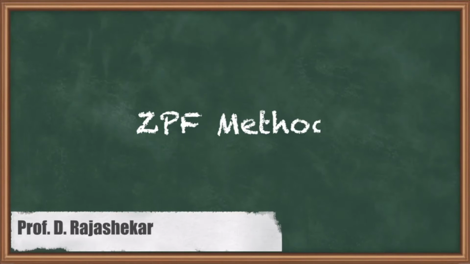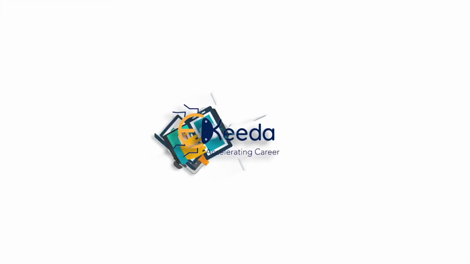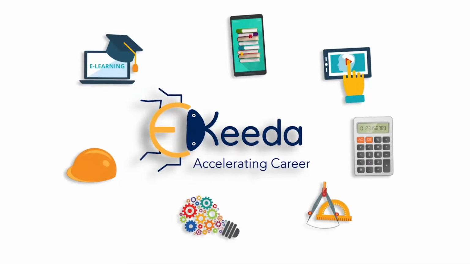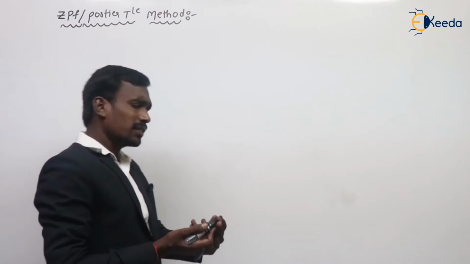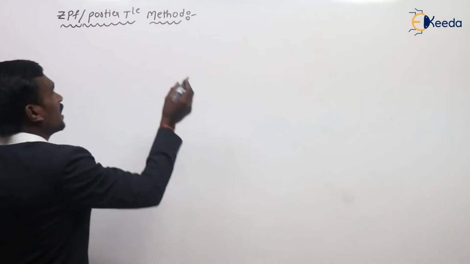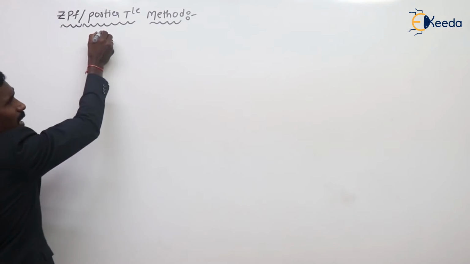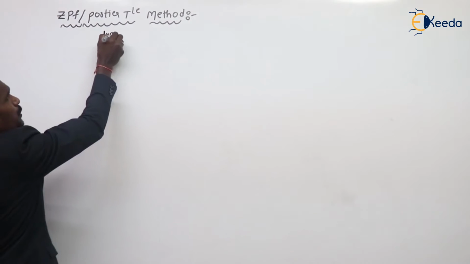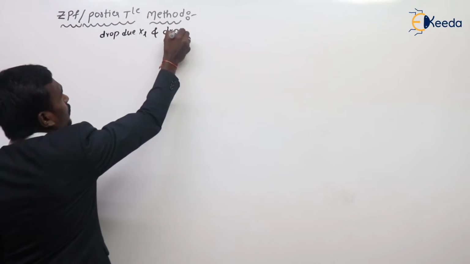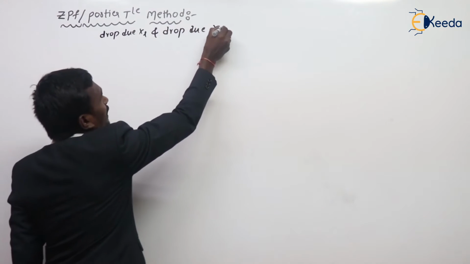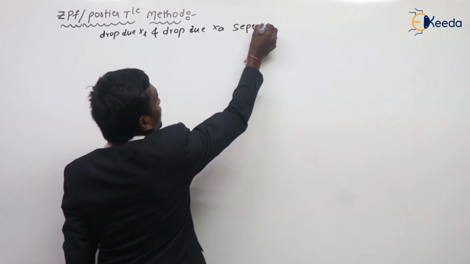Hi friends, in this video we are going to discuss the Potier triangle method. This is also called the ZPF method. In this method, the first advantage is that the drop due to XL and the drop due to XA are separated.